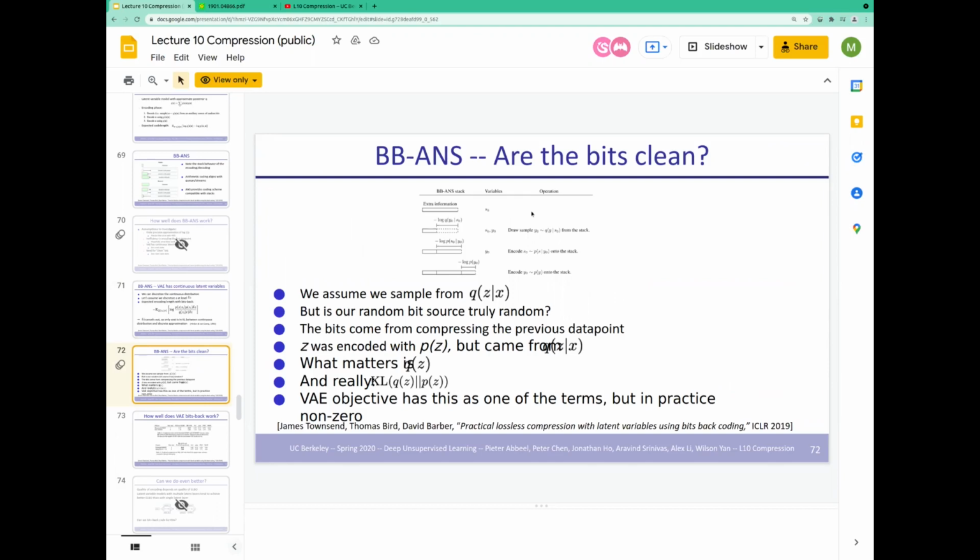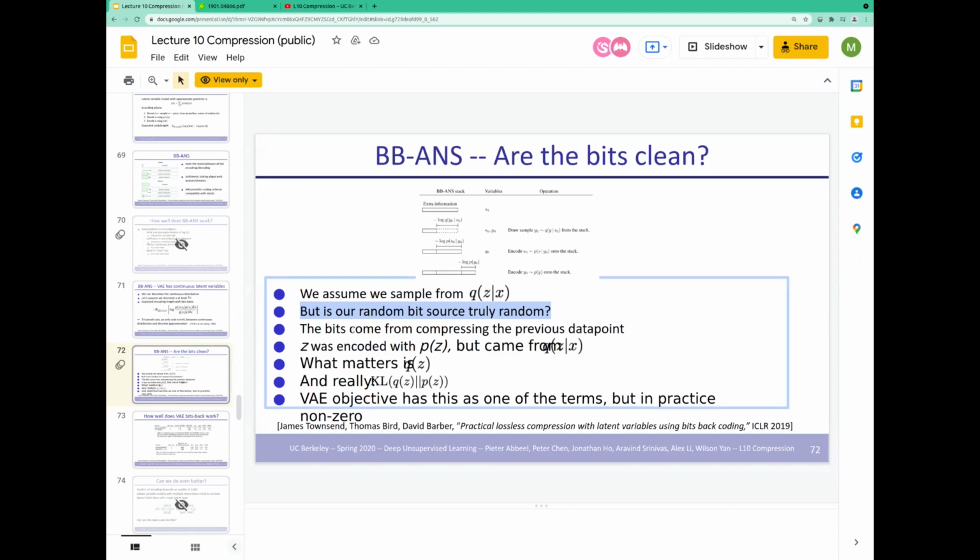Okay, and then the question: are the bits clean? In the paper they say it works pretty well. This is the same figure as before. We're sampling from Q Z given X. X is our data, Z is our latent variables. And the question is, is our random source truly random?